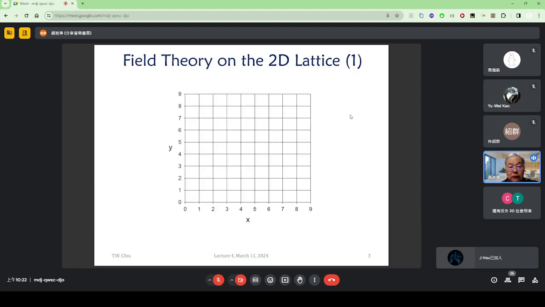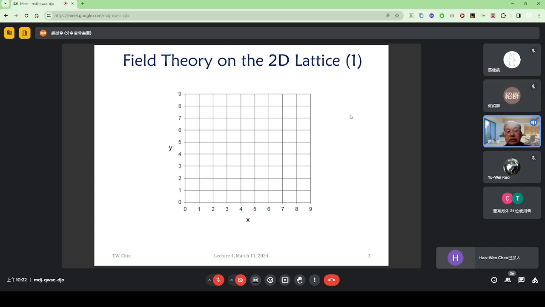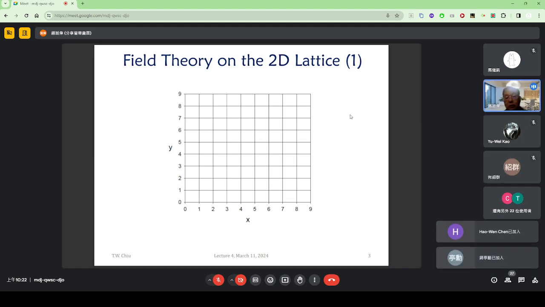So first, let me talk about the field theory on a two-dimensional lattice. This field theory is just general field theory. Any field theory which has a field variable at any space-time point. So let's make things simple.